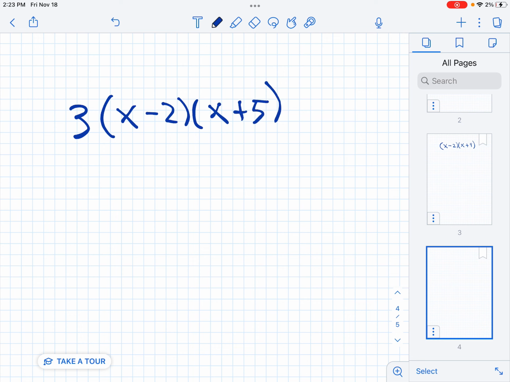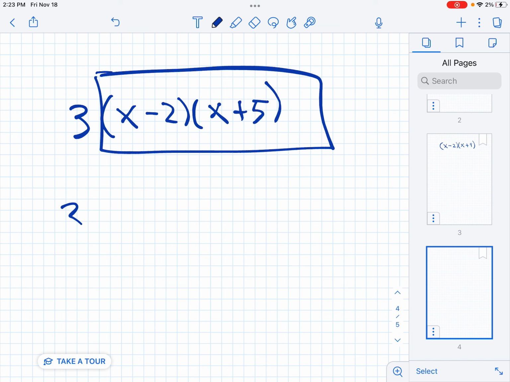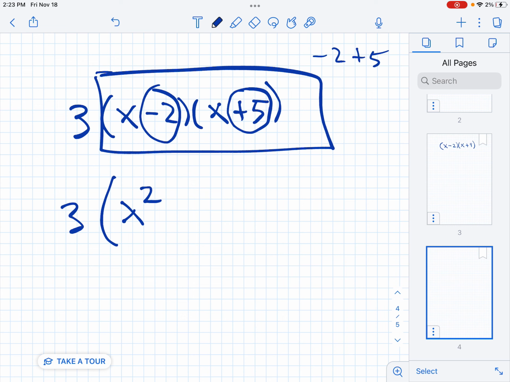The thing to do here is to ignore the 3 for a second, and we're just going to deal with this part first. So I'm going to copy down the 3, and then I'm going to write my x squared. I have a negative 2 and a positive 5. Negative 2 plus 5 is a positive 3. And then negative 2 times 5 is a negative 10.